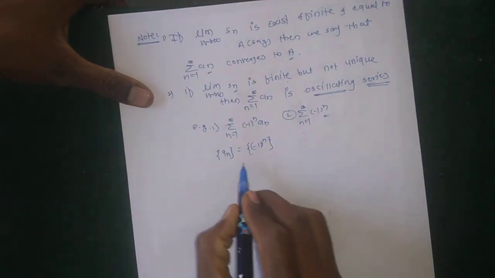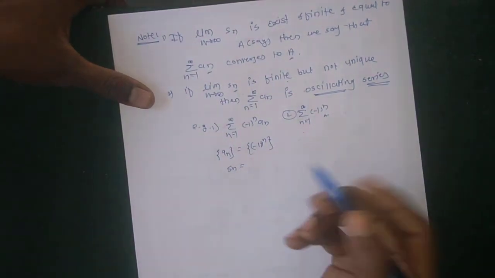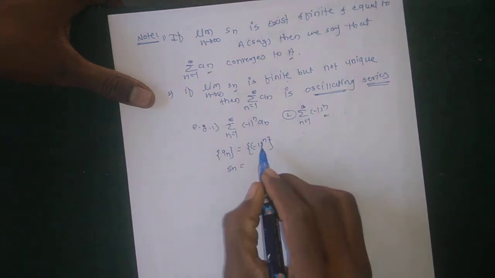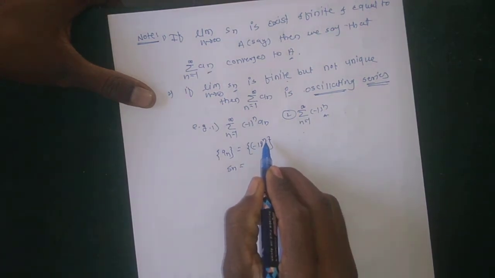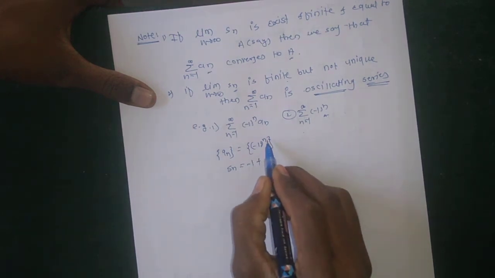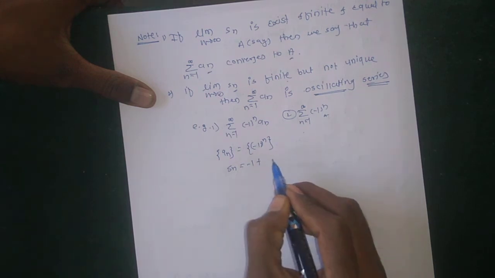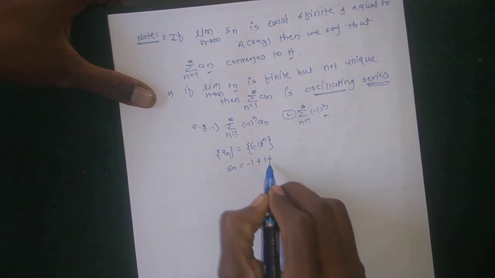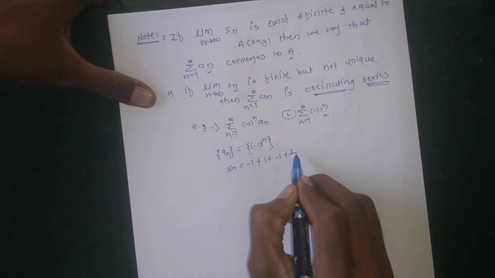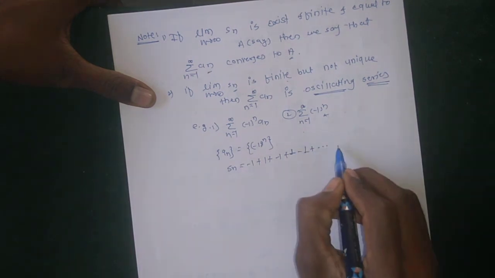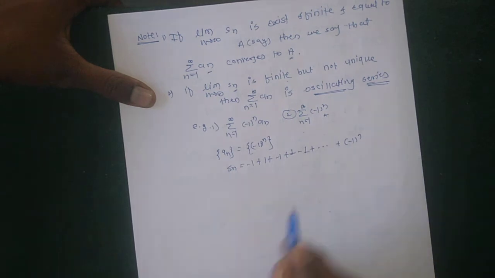And their sum Sn is the nth partial sum of the given series, so the elements are: if we take n equal to 1, then minus 1. If we take n equal to 2, then the value is plus 1. So minus 1 plus 1 minus 1 plus 1, and in this way up to minus 1 raised to n.